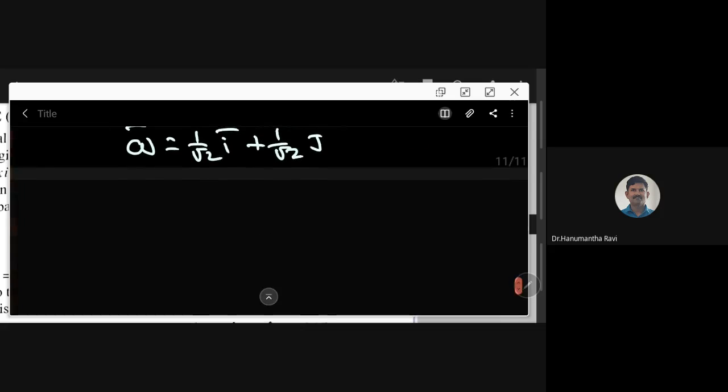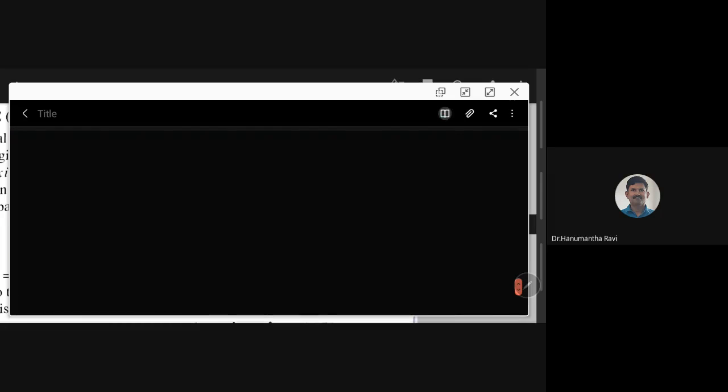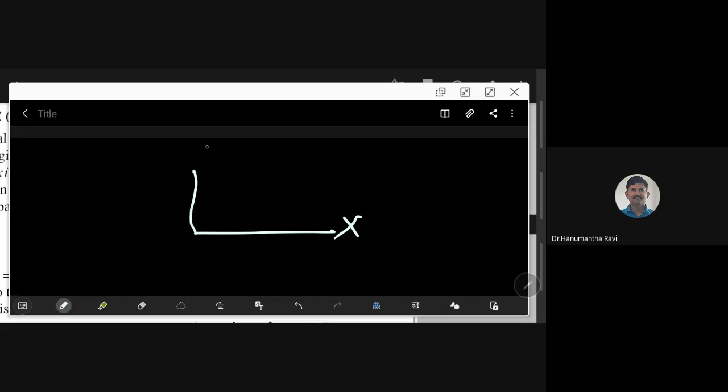When you are in the xy plane, the vector that makes 45 degrees is represented by the line x is equal to y.